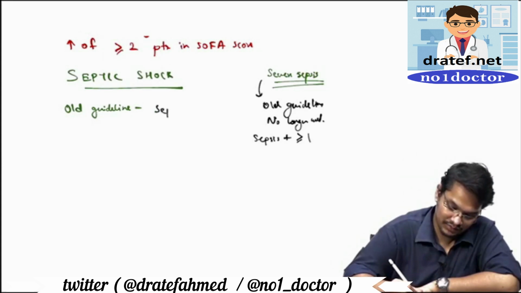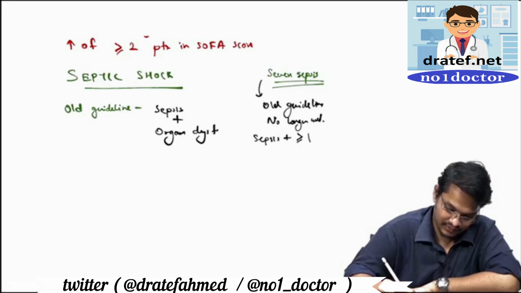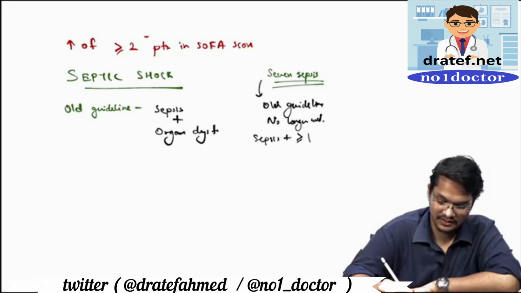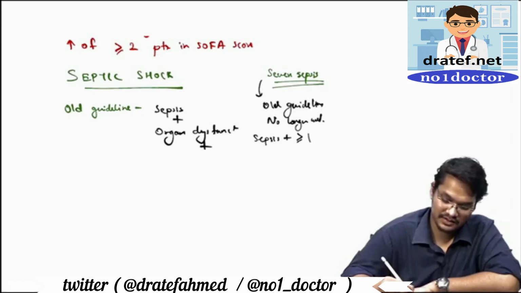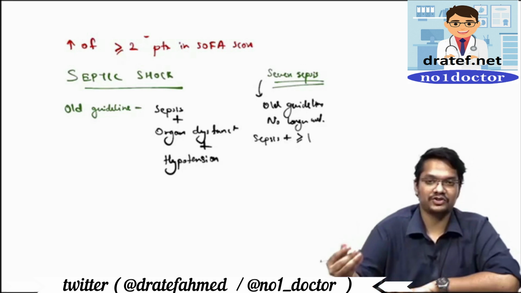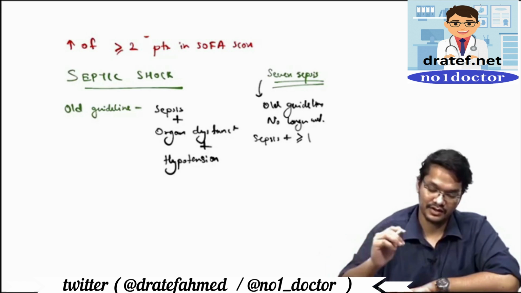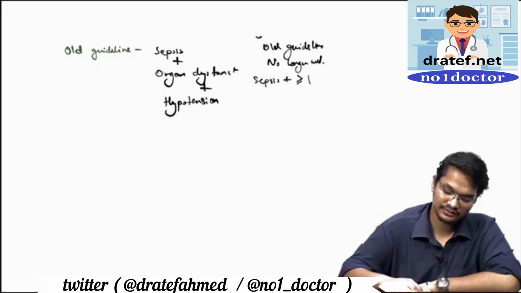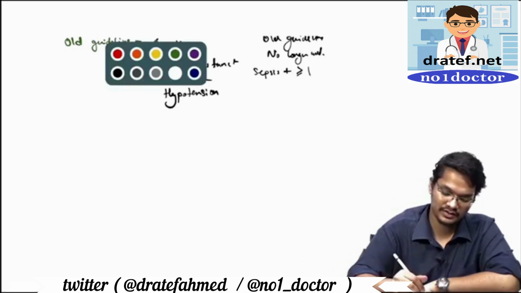So sepsis plus organ dysfunction, which is essentially severe sepsis, plus hypotension. The hypotension was an SBP of less than 90 or an MAP of less than 65. So this was the old guidelines of septic shock.